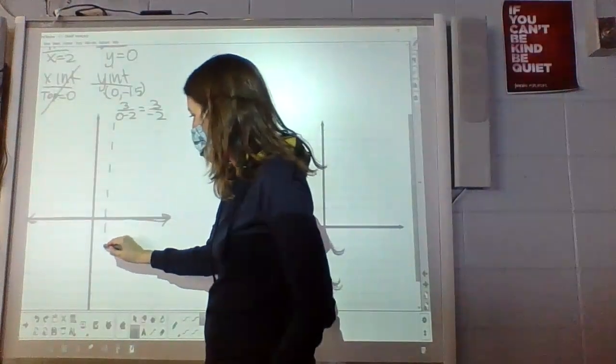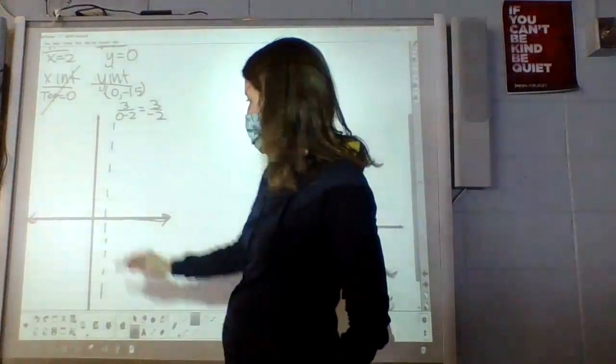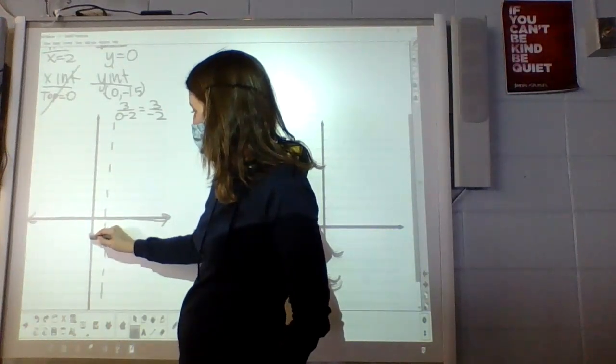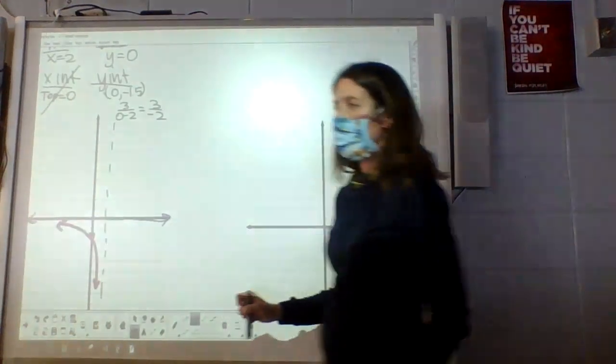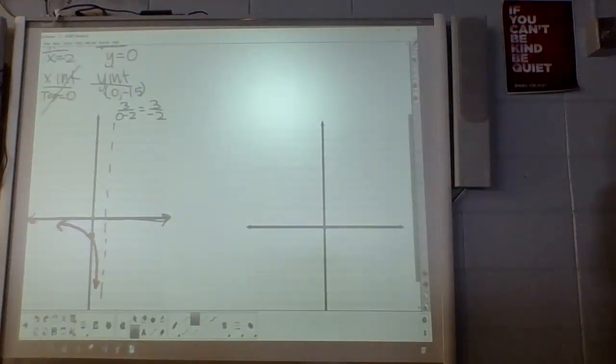Okay, then the horizontal asymptote. There are 2 different types here. Remember, when the exponent on the variable in the denominator is bigger than the top, and since there's no variable on the top, that's the case, then y equals 0.